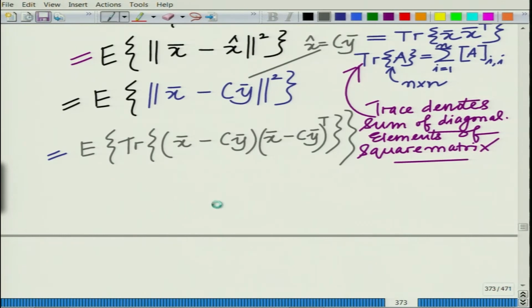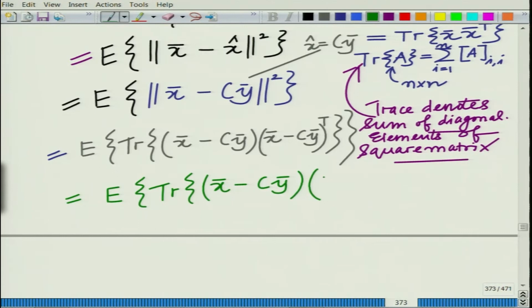This is a linear estimator, and from here we can expand this, which is essentially expected value of trace of x bar minus C y bar times x bar transpose minus y bar transpose C transpose.